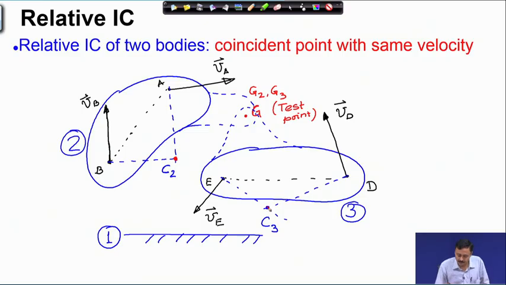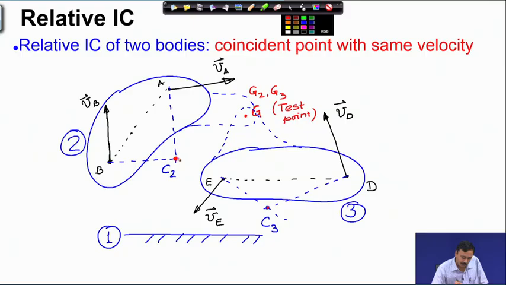Similarly, the velocity of point C3 as an extension of body 3 has a velocity same as that of the coincident point on the ground, so that is 0. Similarly, I ask whether velocities at G2 and G3 are same or not. That means, it must have the same magnitude and the same direction. So, let us test this.